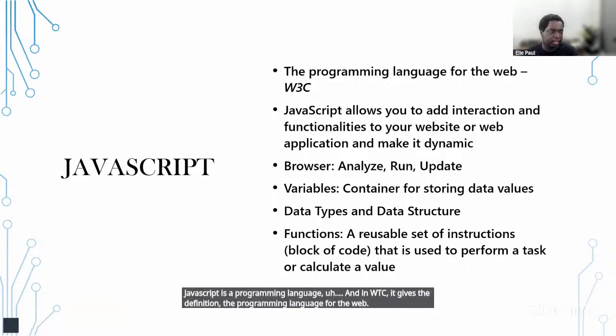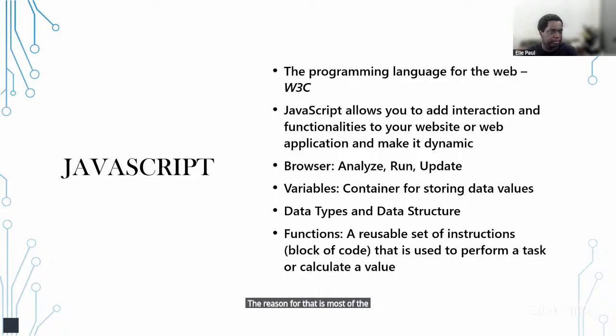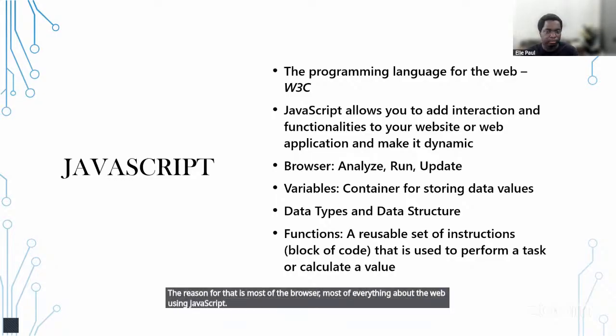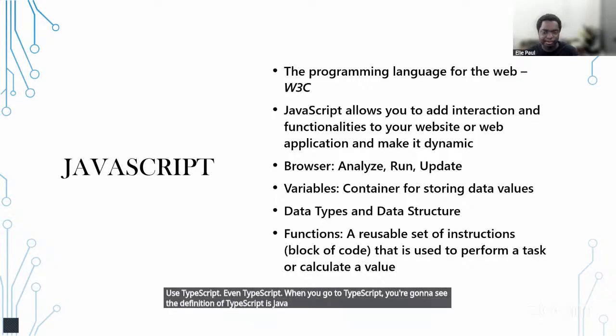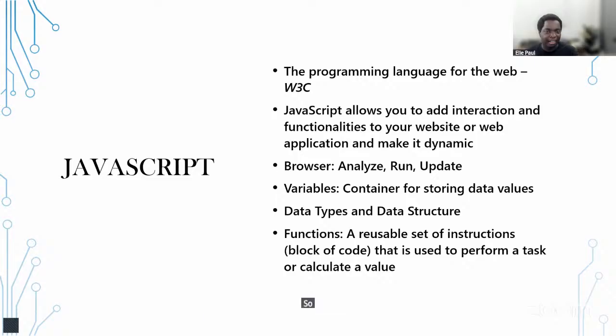The reason for that is most of the browsers, most of everything about the web uses JavaScript. Even most of the frameworks are based on JavaScript, and now they are working to use TypeScript. Even TypeScript, when you go to TypeScript, you're gonna see the definition of TypeScript is JavaScript with types. So a lot of the things related to web development involve JavaScript.